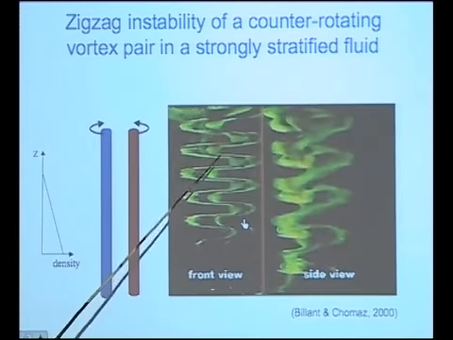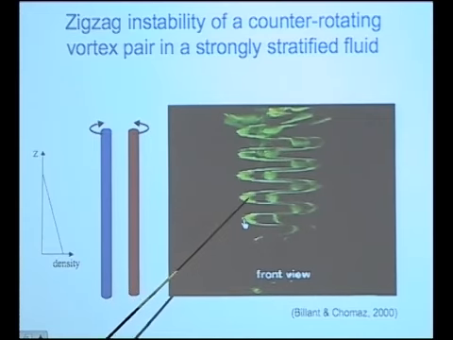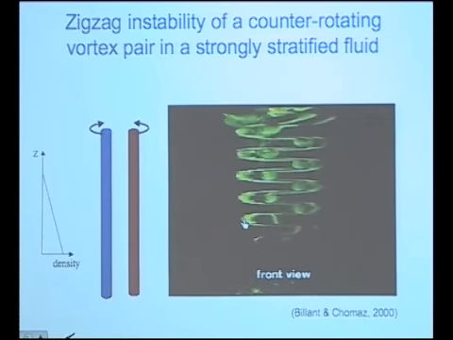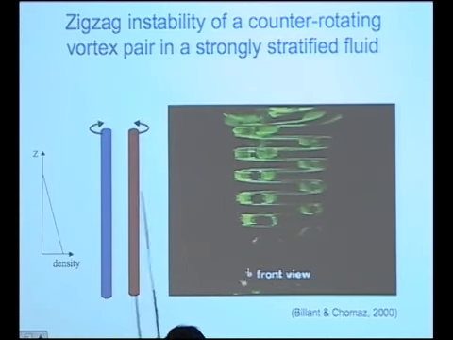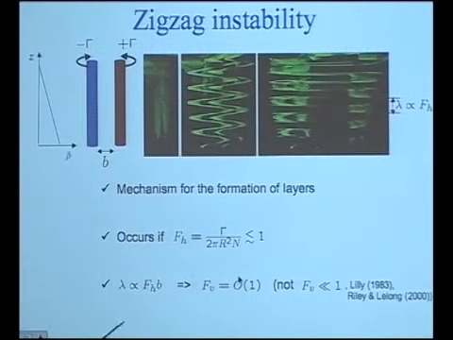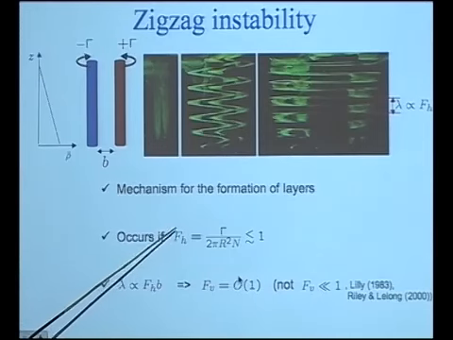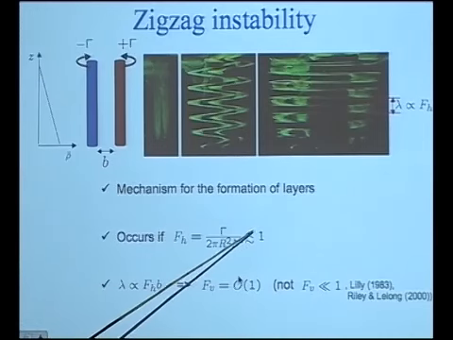These deformations evolve into zigzags, and you will see that later. Now we start to have well-defined layers, and the amplitude of the instability grows to a very large value. And so this instability can explain the spontaneous formation of layers in stably stratified flow.